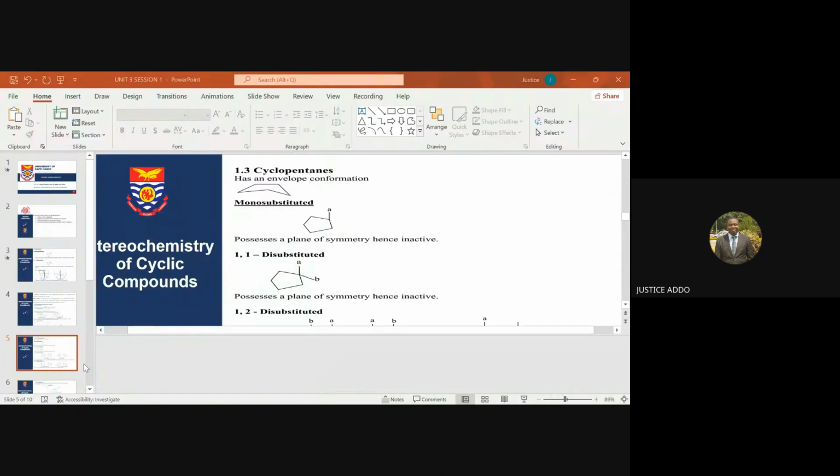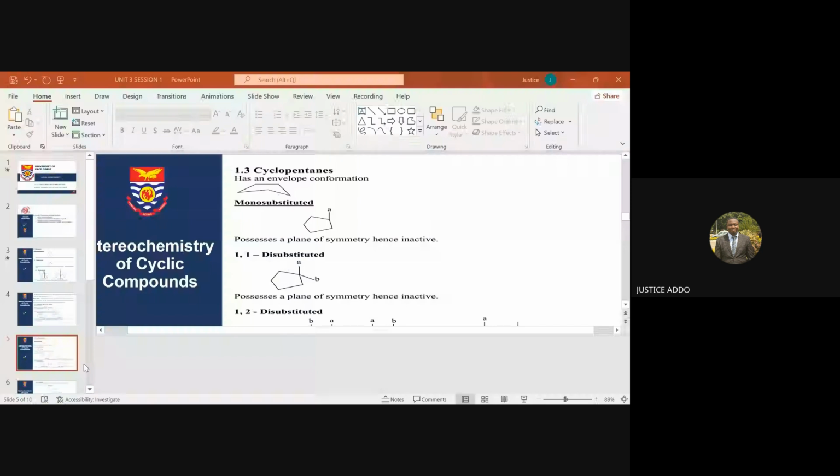Even though there are two chiral centers, because you can cut it into two equal halves, that plane of symmetry takes precedence over the two chiral centers you have identified. And it makes the molecule what? Optically inactive. So in a situation where the second condition, the plane of symmetry, is seen, forget about the number of chiral carbons or chiral centers there. It overrides that first condition and makes the molecule optically inactive. Oh, okay. Thank you. Good. You're welcome.